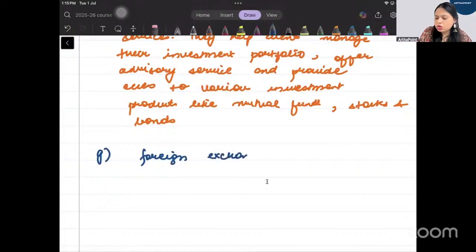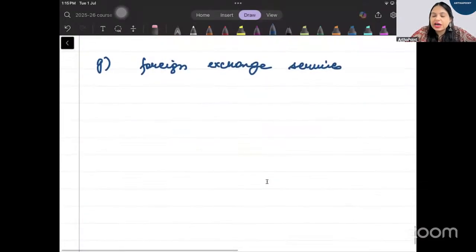Okay. The next that you have is basically your foreign exchange services. Although this is something which is done by private people also. If you're from Delhi, you would know that if you go to Connaught Place or Greater Kailash or Rajouri or any market, you will see people sitting who are ready to take rupees from you and give you the other currency in exchange. Or if you have visited from some other country and you have some other currency and you want rupees, they will do the exchange for you. But officially, if I want to do this via bank, that is also possible, right?